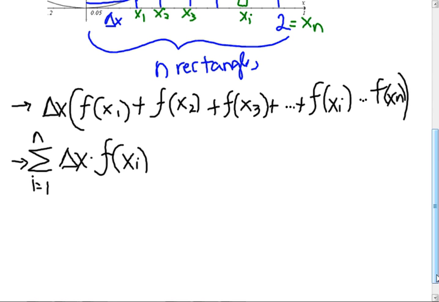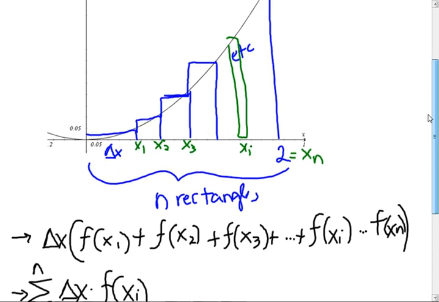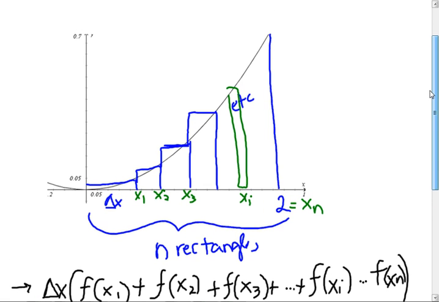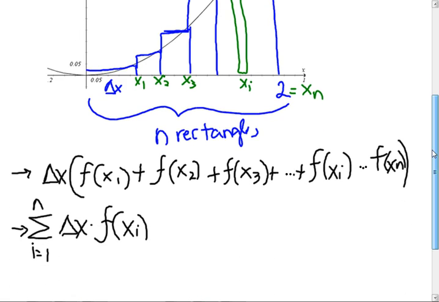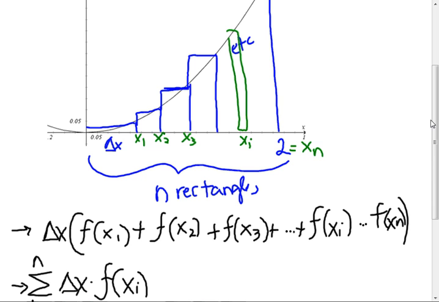Okay, we got to figure out what delta x is and what x sub I is and see what it's going to look like. This is what you would have to do. This is what Leibniz and Newton and Riemann, all those guys did. They said, okay, I want a better guess than 4 rectangles. I want an infinite number of rectangles. So I got to figure out what delta x is now. Now, how big is this width?